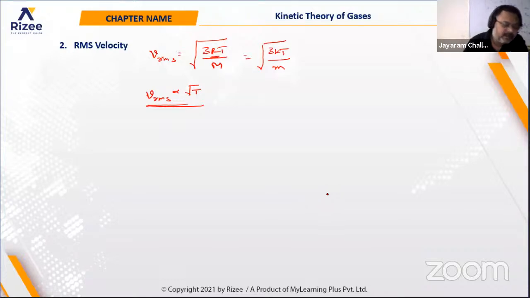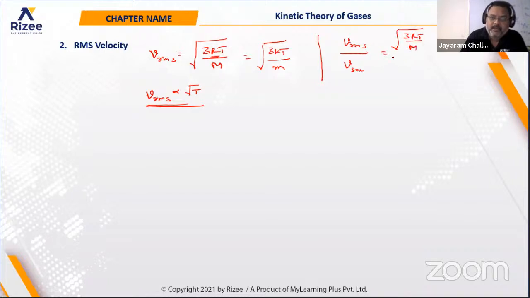If you try to find the ratio of the RMS velocity to the speed of sound, those types of questions can also be asked. VRMS, the RMS velocity, by the velocity of sound is root over 3RT by molecular weight divided by root over gamma RT by M, which is the velocity of sound.